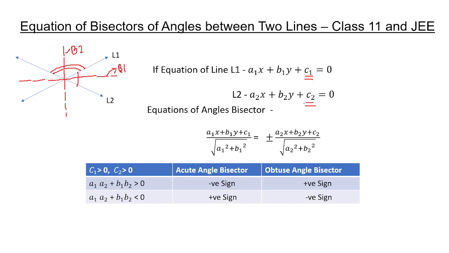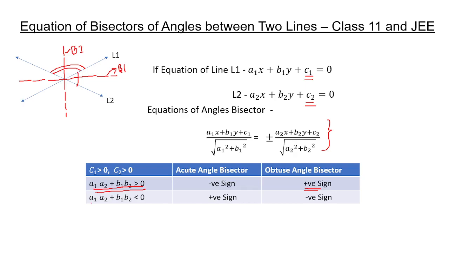Next step is we have to find out the value of a1a2 plus b1b2. If a1a2 plus b1b2 is positive, then in this formula if we take the negative sign, that will be the equation of the acute angle bisector, and if we take the positive sign, then that will be the equation of the obtuse angle bisector.